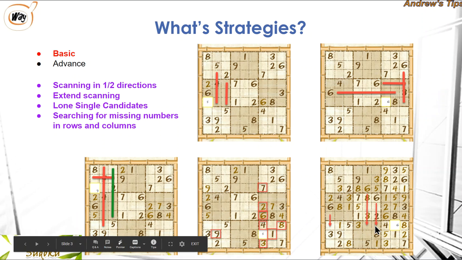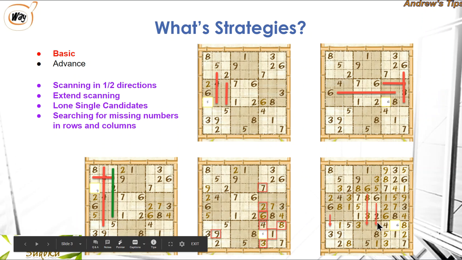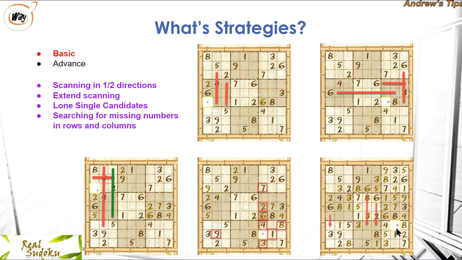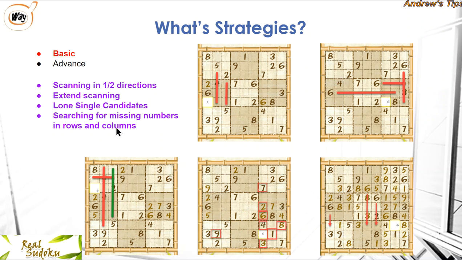The 6 is already in this column. So of the 4 empty cells, only this one is left. So you put the 6 in it. So this is the basic way of playing a Sudoku.